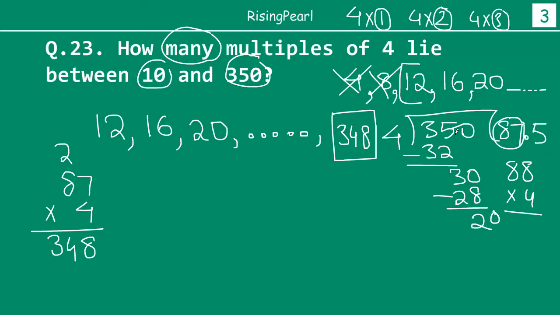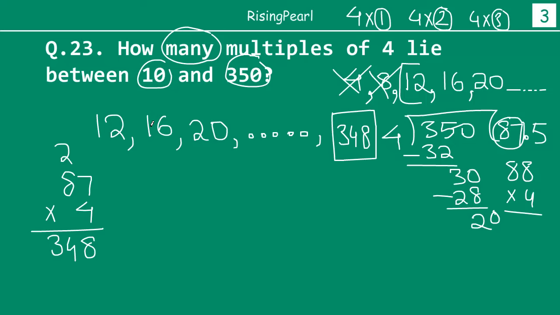But we are trying to find out the immediate smallest number, smaller than 350, which is a multiple of 4. So we will take 87 and multiply that by 4, right? Because 350 divided by 4 is 87.5. It's 87 point something.